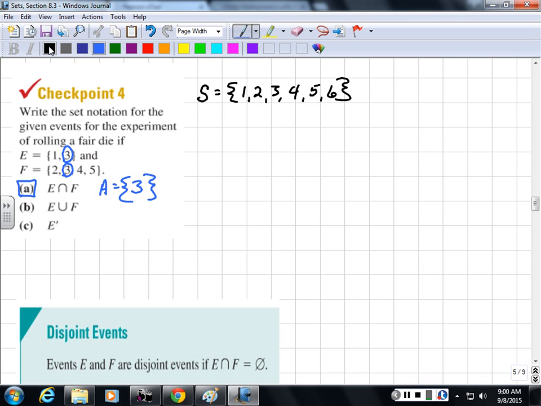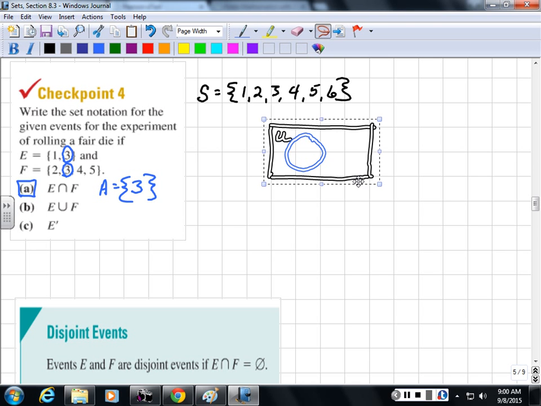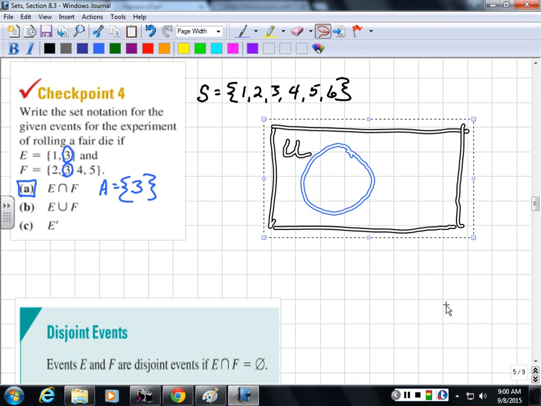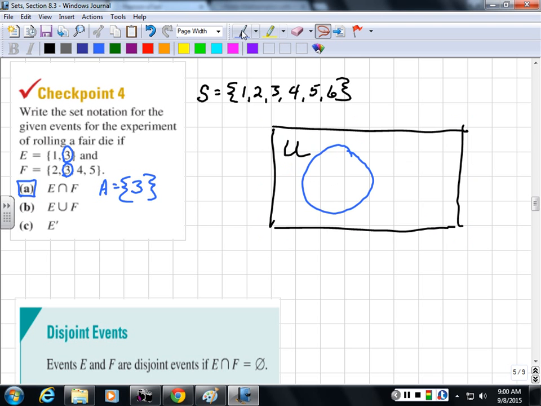Now, you can go ahead and quickly establish a Venn diagram if you so desire. Okay? And I'll write the event E. That's kind of small, isn't it? Can you guys all see that? That's better, right? I'll write the event E right here. And I know that E will have 1 and 3 in it.